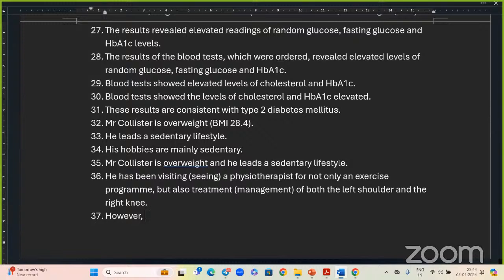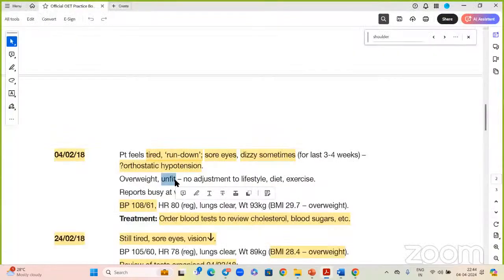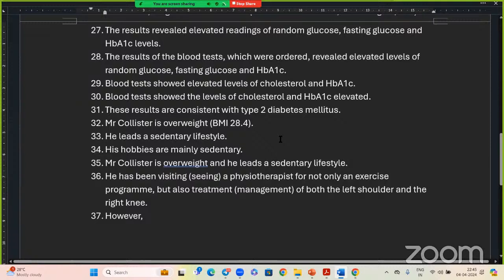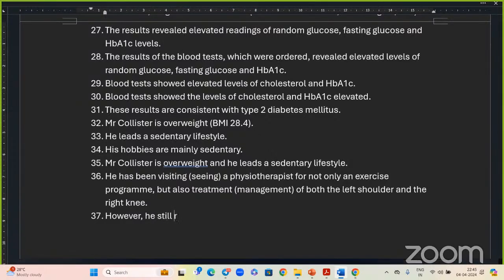When you say hence, put a comma. However, he still remained overweight and unfit.